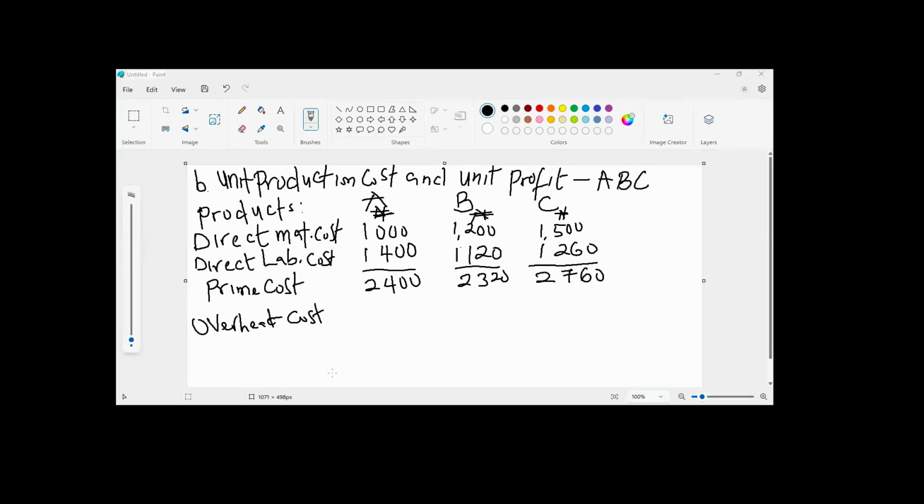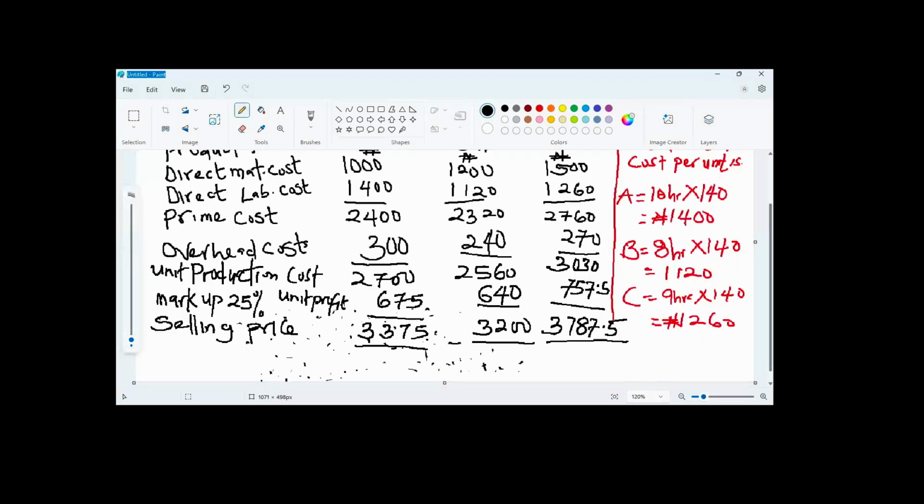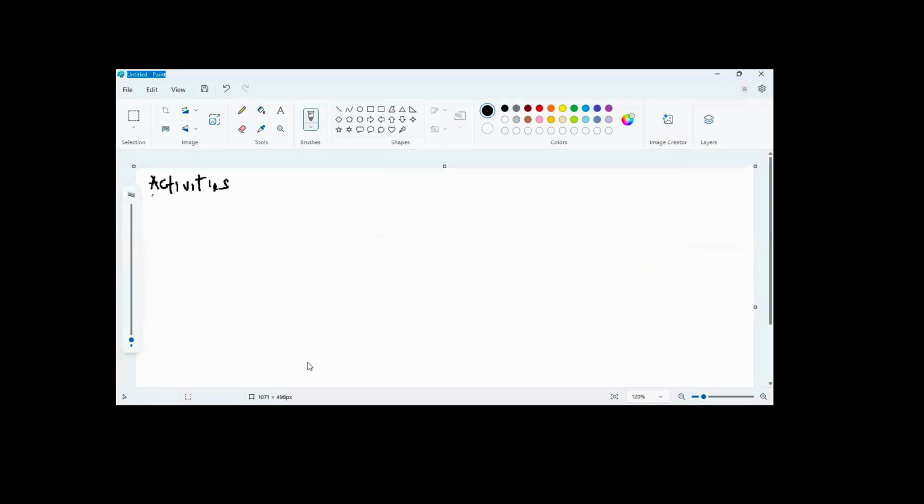We're still seeing the old calculation. Let me go back to it and see the board again. Can you see it now? Yes. Where you have activities, yes.